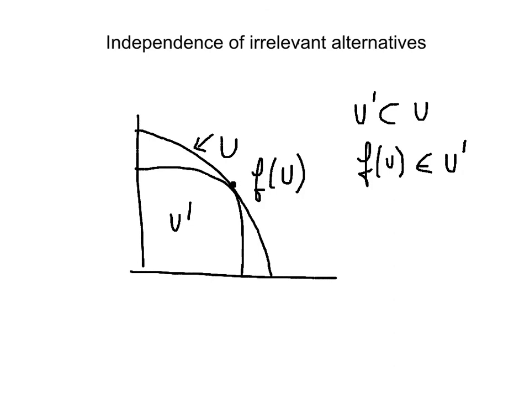What the independence of irrelevant alternatives says is that f of U prime must be f of U. The bargaining solution is unchanged. So if f of U maximizes some kind of welfare function defined over U, then it must also maximize some welfare function defined over U prime as long as U prime is fully included in U.